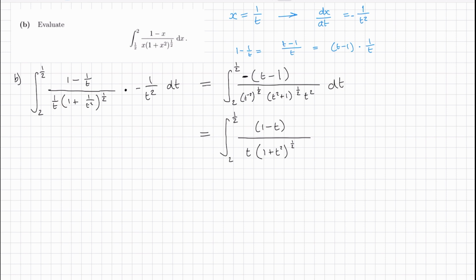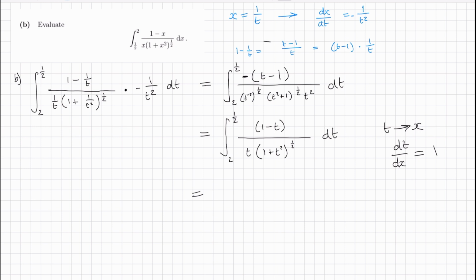Now, looking at this, we've not done anything. Using our dummy variable from before, remember we just changed t to x because we've got dx, well in this case, dt by dx is just 1.